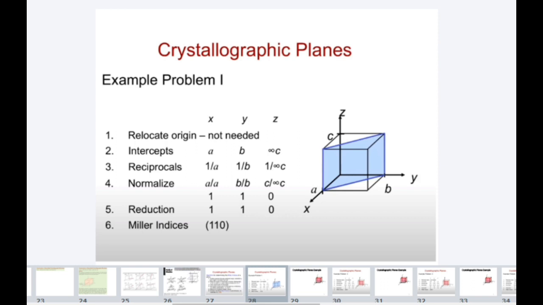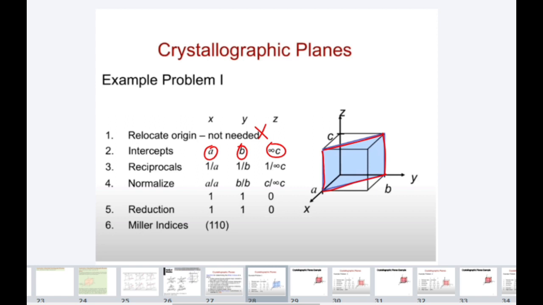Again, look, we have a plane here, right? We want to represent it and show the Miller indices of the plane. So the first point in the plane representation: if it is passing through the origin, relocate. Here we don't have that situation, so we don't need this step. The second point is we have to see where it intercepts the axes. So it intercepts A at full A, B at full B, and C at infinity.